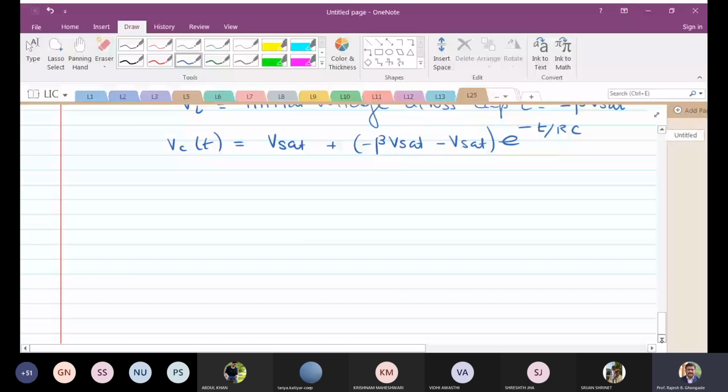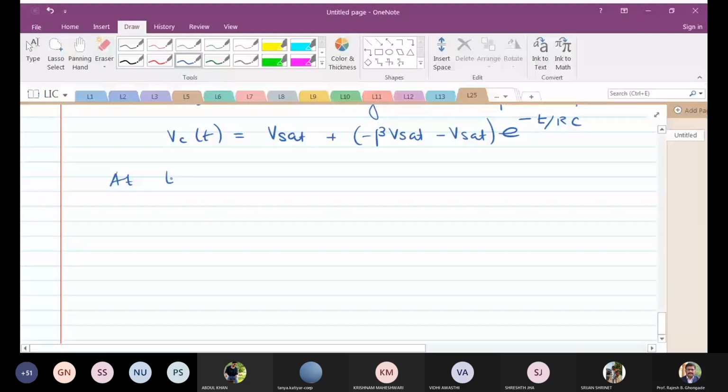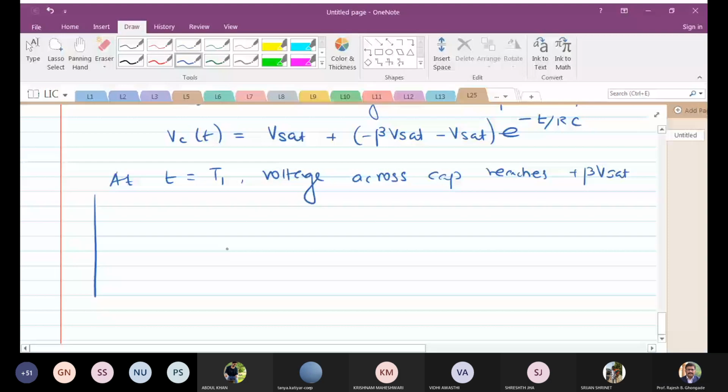At T equal to T1, the voltage across the capacitor reaches beta Vsat. Remember this. Why? Because we are saying that the capacitor charging and discharging is like this. Here we started with minus beta Vsat.